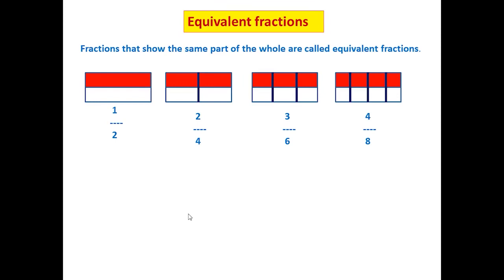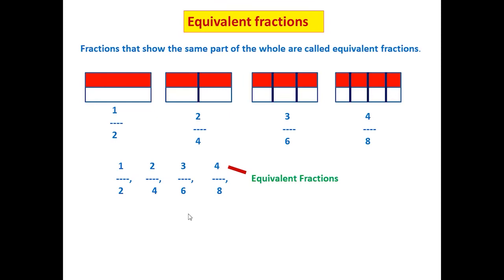The fractions for the shaded region of each rectangle are as follows. 1/2 of the rectangle is red, 2/4 of the rectangle is red, 3/6 of the rectangle is red and 4/8 of the rectangle is red. So here 1/2, 2/4, 3/6, 4/8 all represent half of the whole rectangle. So these fractions are called equivalent fractions.